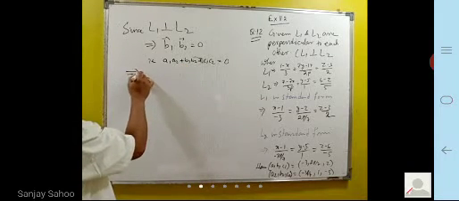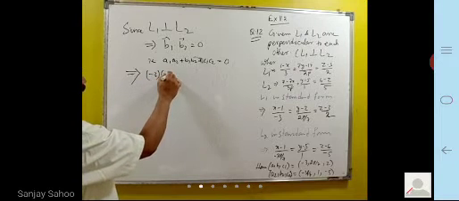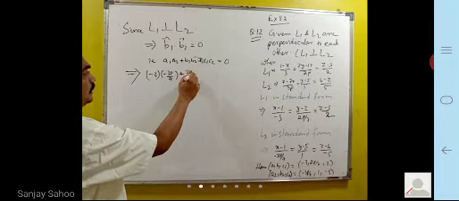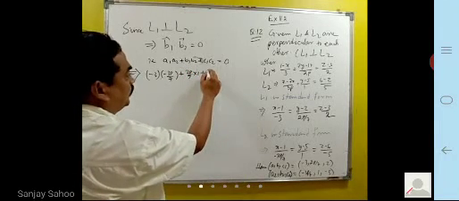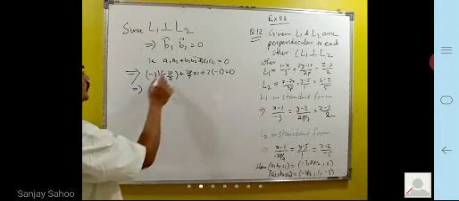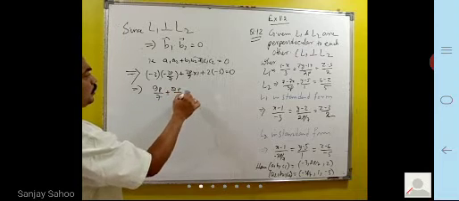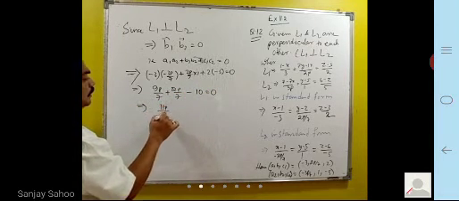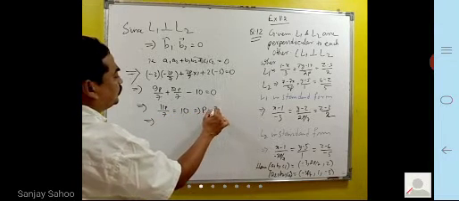So we get minus 3 into minus 3p by 7, plus 2p by 7 into 1, plus 2 into minus 5 is equal to 0. This is 9p by 7 plus 2p by 7 minus 10 is equal to 0. This is 11p by 7 equals 10, that implies p is equal to 70 by 11.